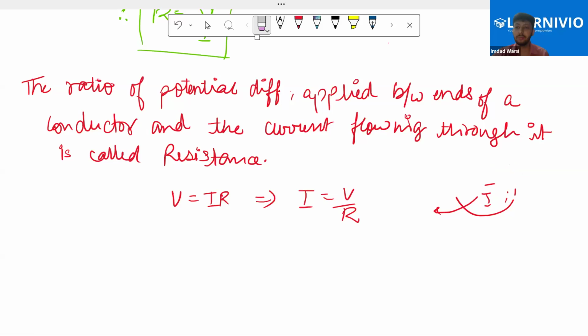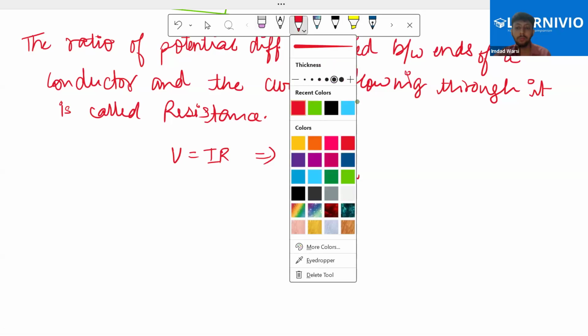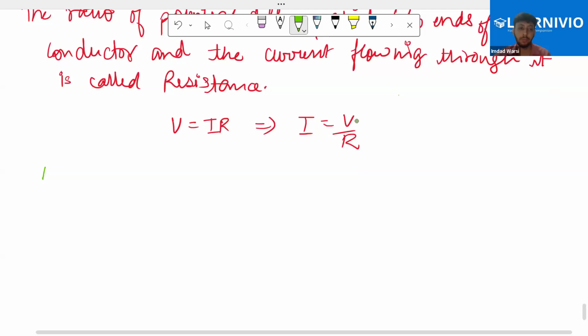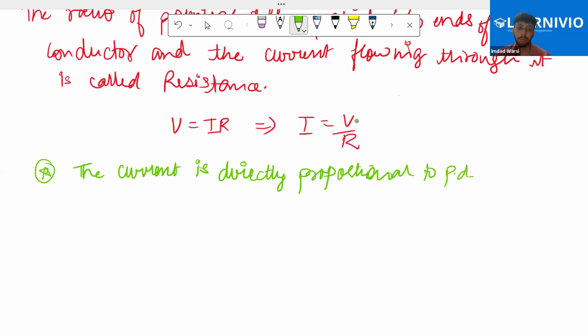Yes, Umar? Yes, sir. Right. Star point number one. So wait. The current is directly proportional to the potential difference.